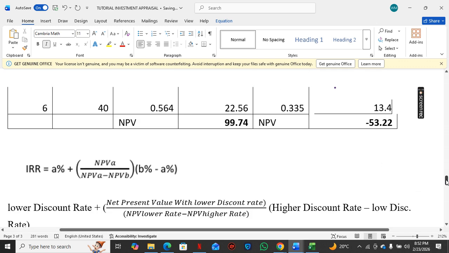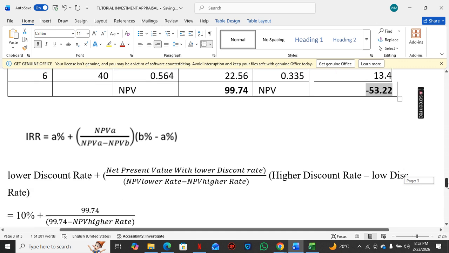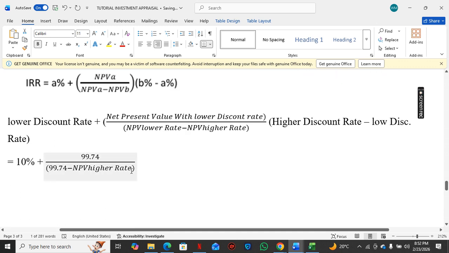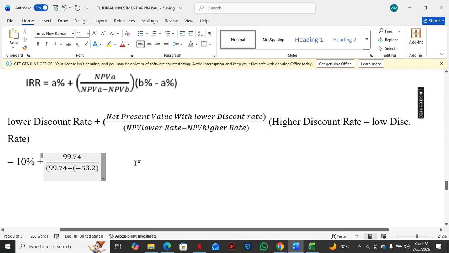This second net present value that we got, negative 53.2. Close brackets.